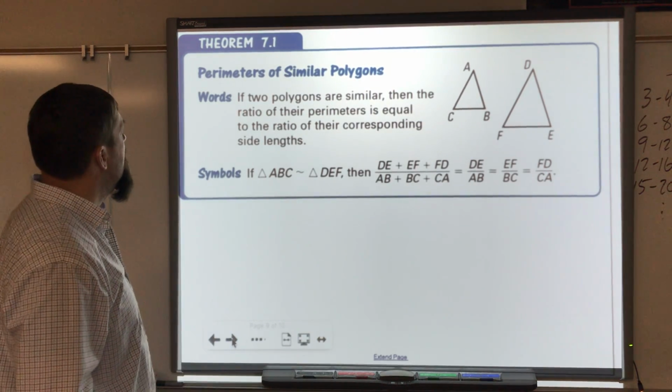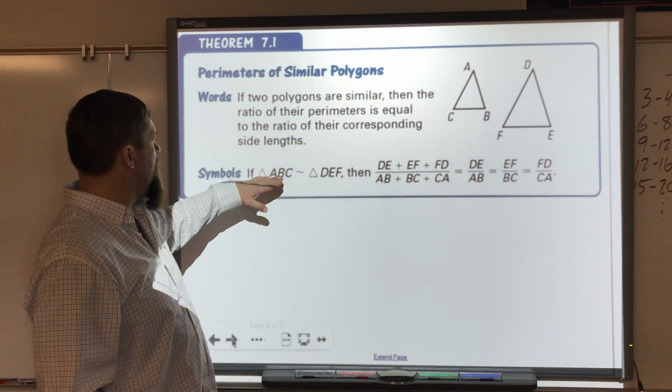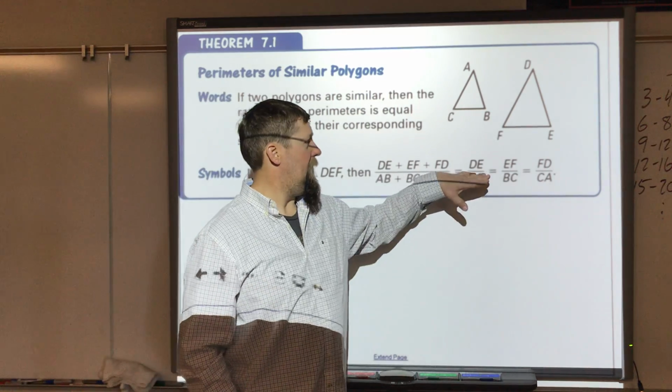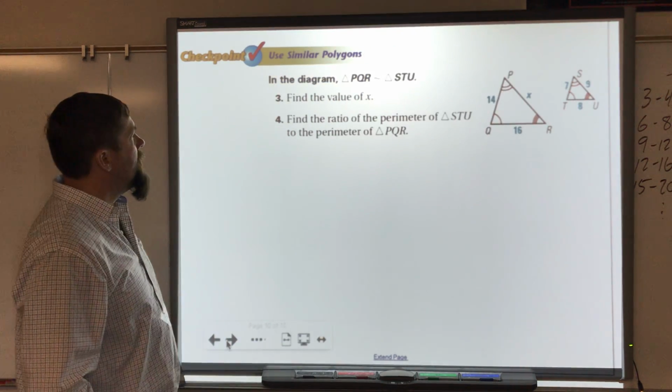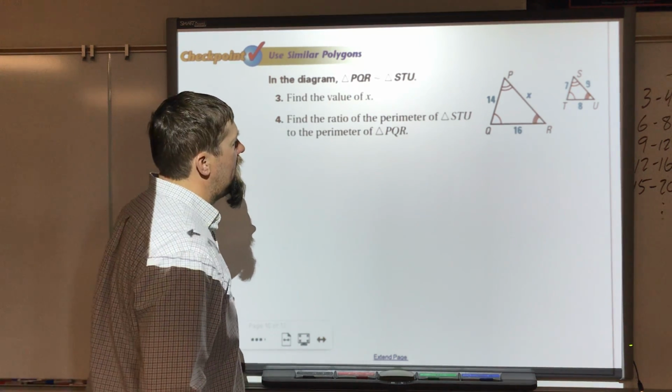Okay, so here's the perimeters of similar polygons. The ratio of the perimeters of the triangles is the same as the ratios of the sides. Find the value of x. Okay, so that's one way we could do this.